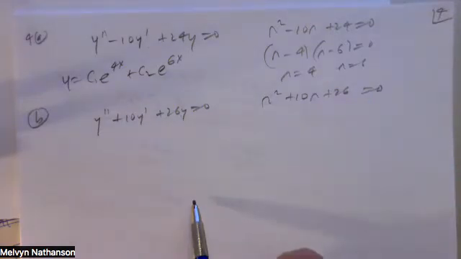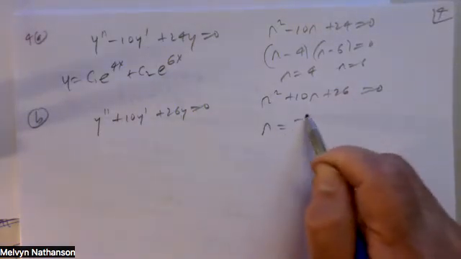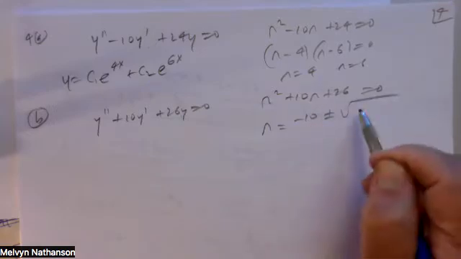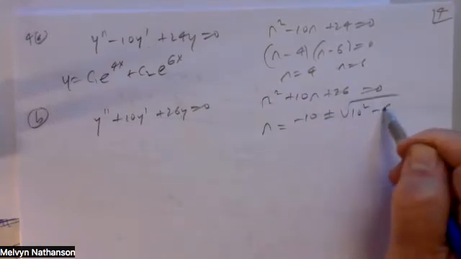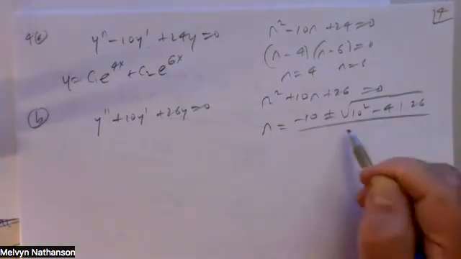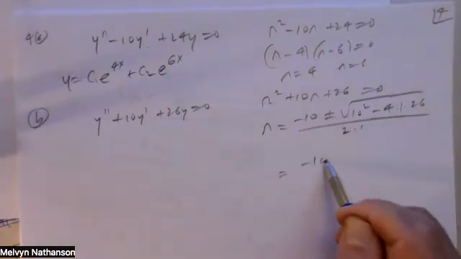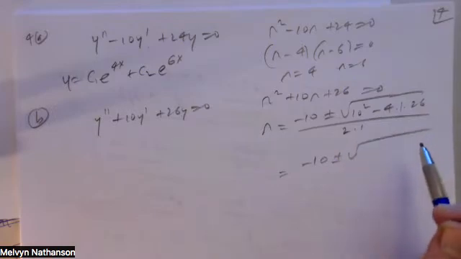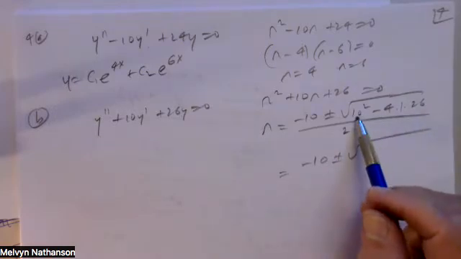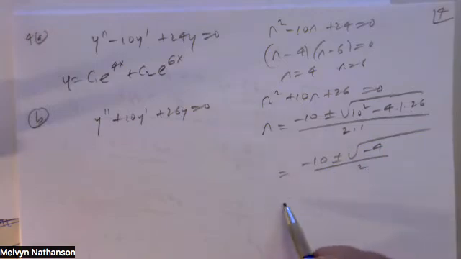And I don't see any way to factor this, so let's just use the quadratic formula. r is minus b plus or minus the square root of b squared minus 4ac over 2a, which is minus 10 plus or minus the square root of 100 minus 104, which is minus 4, over 2.